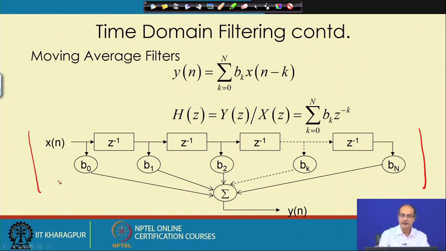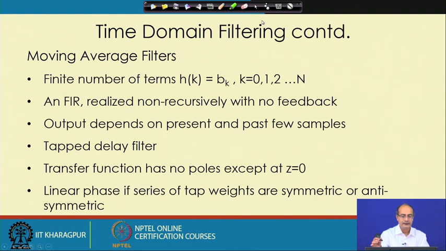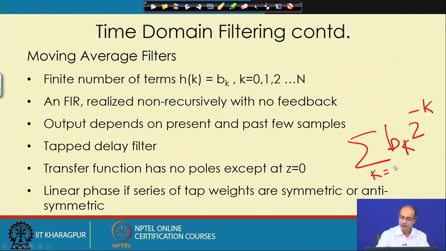This tap delay filter gives an easy way to implement it. The transfer function in this case we got in the form of the summation of b_k z to the power minus k, with k equal to 0 to n.